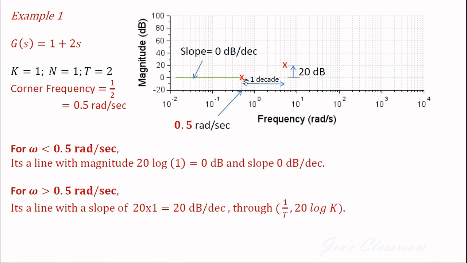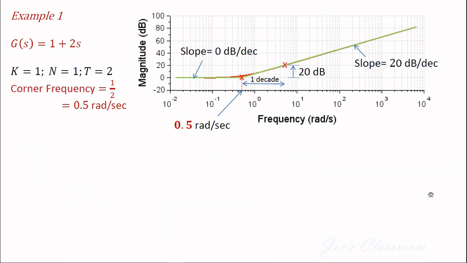So move by 1 decade on the frequency axis and increase by 20 decibels. You get an increasing straight line with 20 decibels per decade. So that's how you get the magnitude plot.